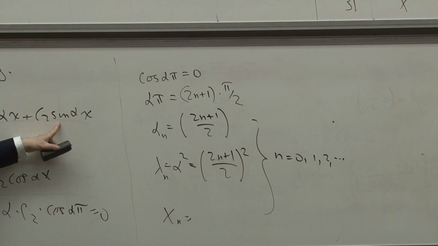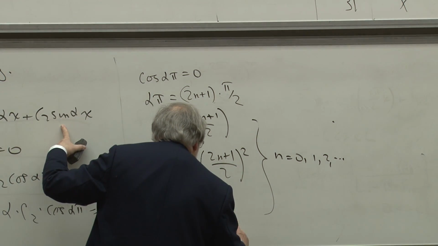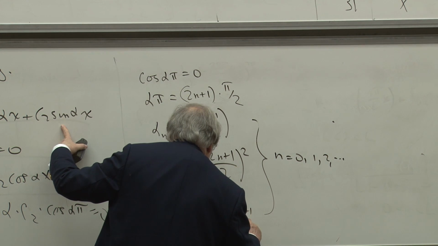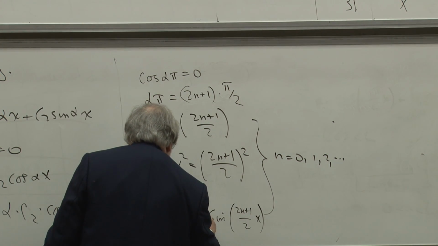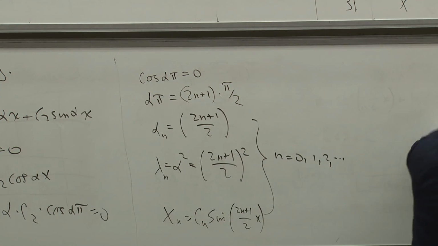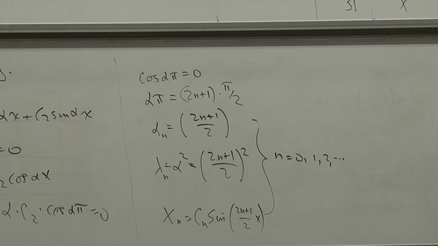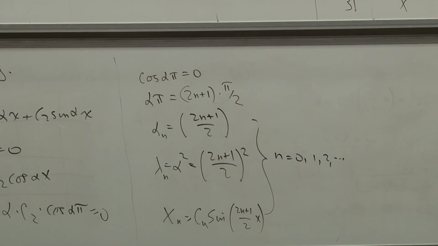C1 was 0, so it comes from the sine of 2n plus 1 over 2 x. Sine of alpha x, we have the alpha there. And for each of the solutions, there's no reason to assume that the constant is the same. So that's part B as outlined.